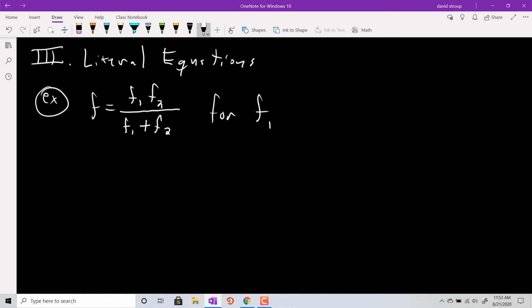We want to solve it for one of the other variables, for whatever reason, and that's what we're worried about doing. So the first step is to get rid of this fraction, and to do that I'm going to multiply both sides by f1 plus f2, because ultimately you need to isolate this f1, and you're not going to be able to do that with it in the denominator.